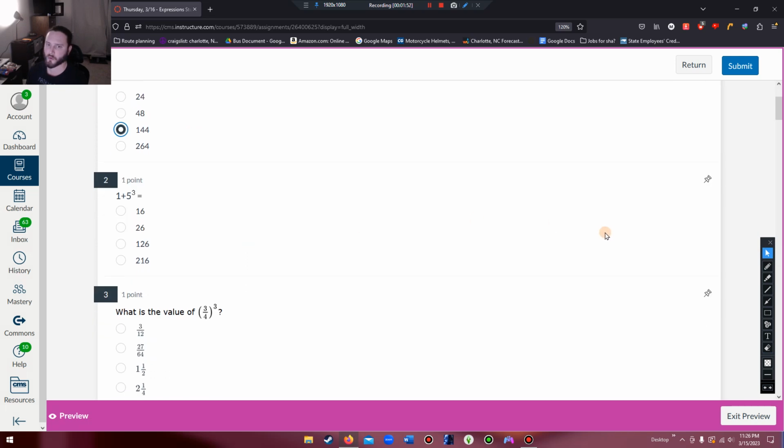For number two, we have 1 plus 5 cubed, or 5 to the third power. So this time we have 1 plus, this is going to be 5 times 5 times 5. And we do this multiplication first because in PEMDAS, addition comes last. So we would do 5 times 5, and that is going to give me 25. Then I'm going to do that 25 times this 5 down here. 25 times 5, I mean, it's quarters.